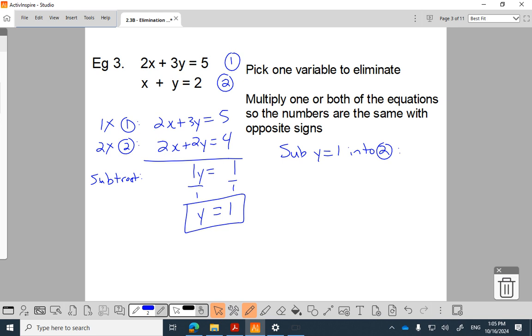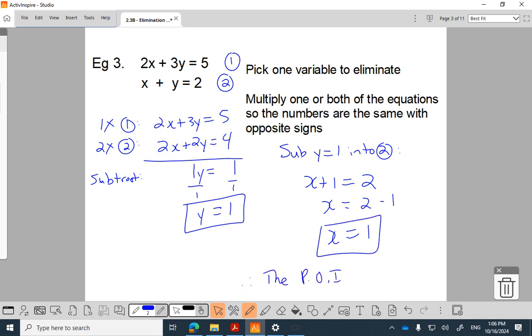Yeah, but now that you look at it, can you agree equation 2 really is the easier one? x plus 1 equals 2. What's the opposite of adding 1? Minus. And so x is 1. Therefore, the point of intersection is 1, 1.